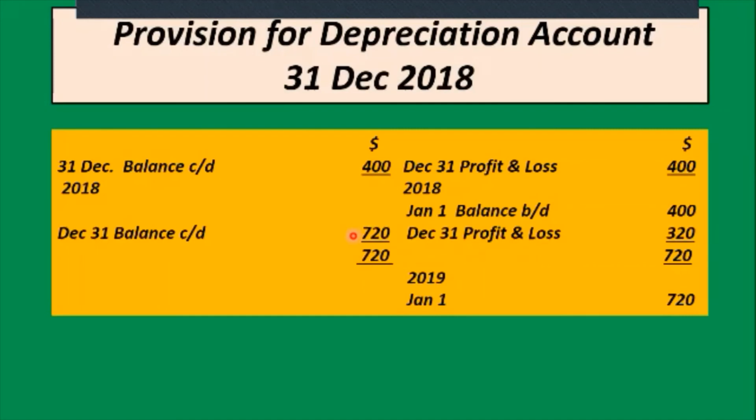The total comes at the top here as our balance carried down, and we bring it down here. So that's how we record the provision for depreciation in the second year. The third year would be the same thing.